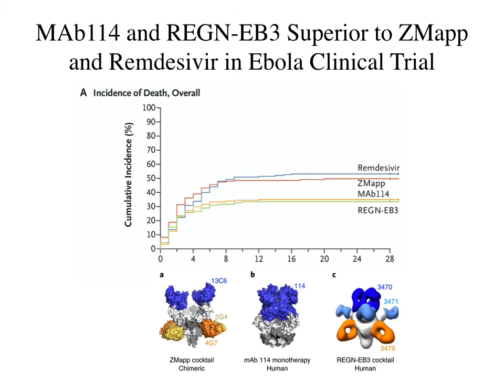This is interesting news because it's an indication that the development of monoclonal antibody drugs may be a way forward in coming up with new treatments for viral diseases in general, not just Ebola. So, for instance, think about COVID and President Trump's treatment. Remember, he received remdesivir, which is currently the only drug that's approved by the FDA for treating COVID, although there's data to suggest that it's really not very effective.